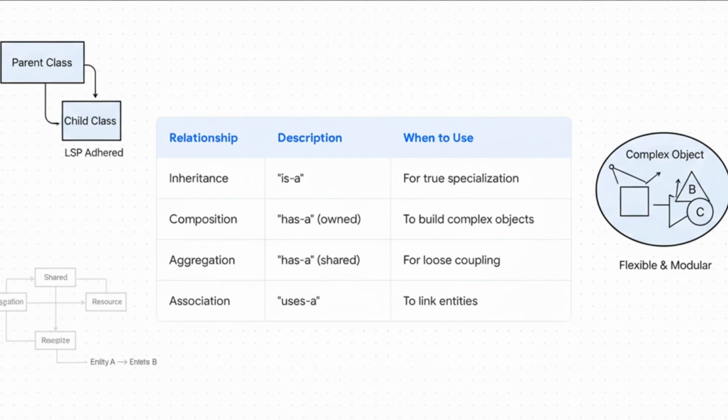Use inheritance, but use it carefully, and only for true is-a relationships that don't break that contract of trust. For pretty much everything else, you should favor composition. Building your software from smaller, independent parts is almost always the more flexible, stable, and future-proofed approach.